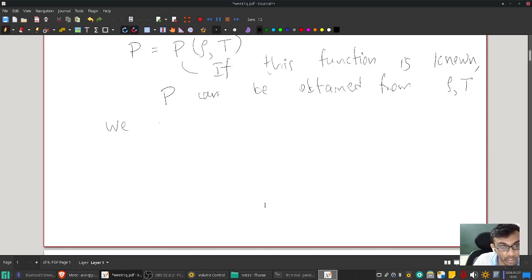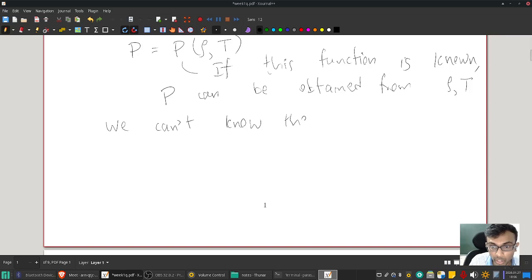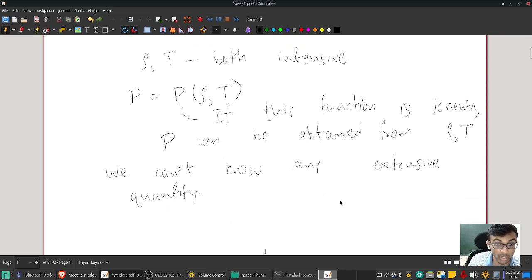We cannot know any extensive quantity just from the knowledge of pressure and temperature, since the same substance will have the same pressure and temperature at double the size of the system. Okay, so that's about the first question.